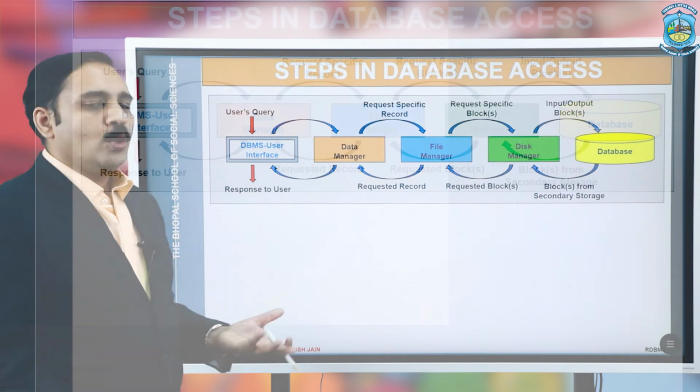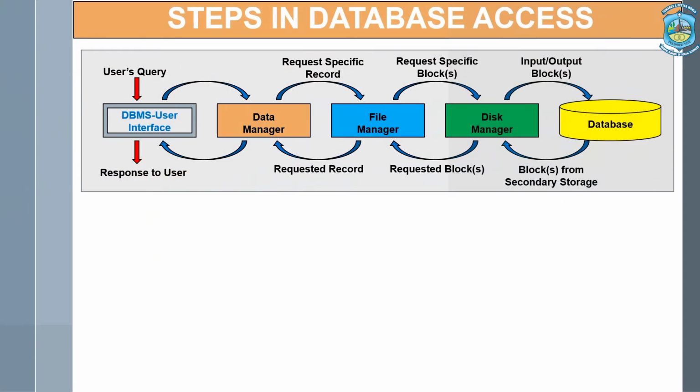For example, you want to fetch a list of students pertaining to a particular condition. This query is evaluated at different levels by the data manager, the file manager, the disk manager, and actually the database where it is stored. Now the data is fetched and it is represented by the system using the interface, because the form in which we physically store data is separate from how it is represented.